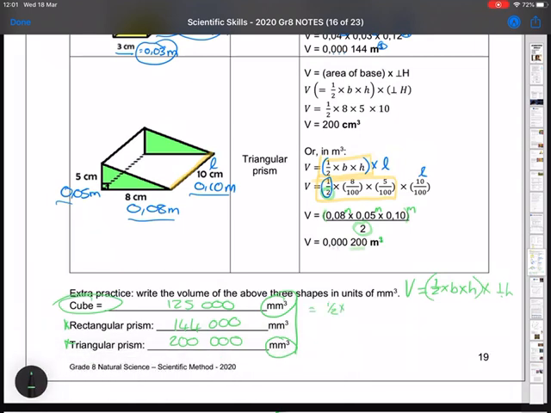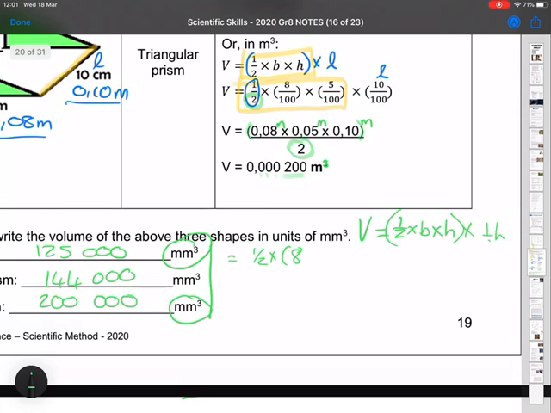Okay, so we've got a half times our base was 8 centimeters. And 8 centimeters, if you convert that to millimeters, will be 8 times 10. Then we need to multiply it by the height. The height was 5 centimeters. And 5 centimeters times by 10 will give us 50 millimeters. You don't have to write these millimeters in your calculations. I'm just doing it while I'm explaining it to you.